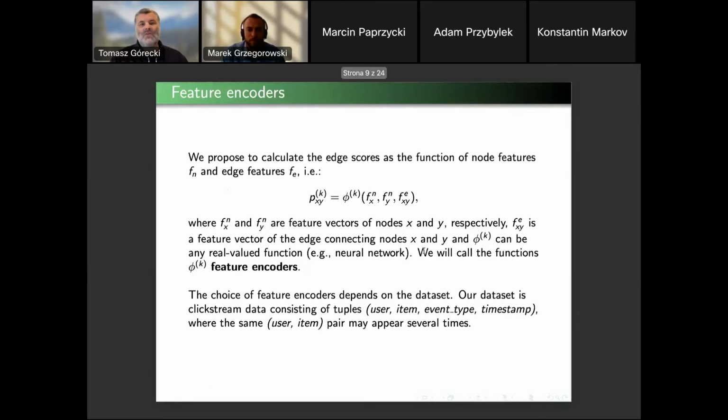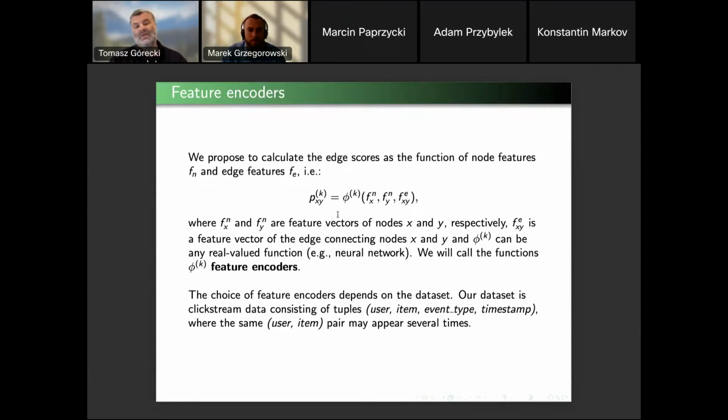Okay, so now how to calculate these scores? This should be a function of the node features and edge features, so it will be much easier to add additional features. This is a very simple-looking formula where the score is calculated as some function called the feature encoder here.